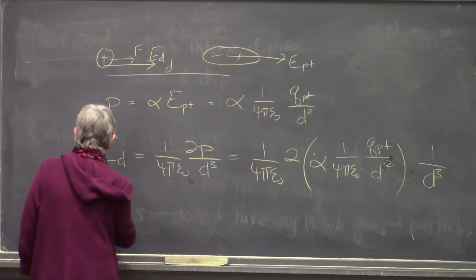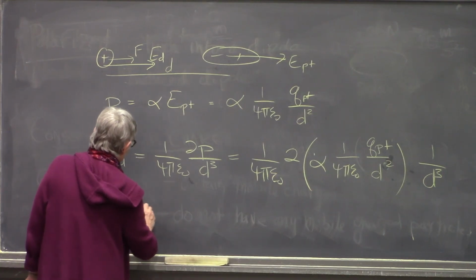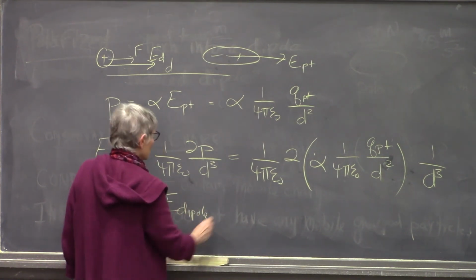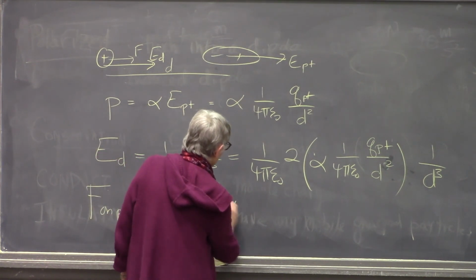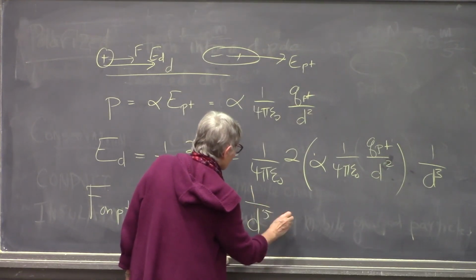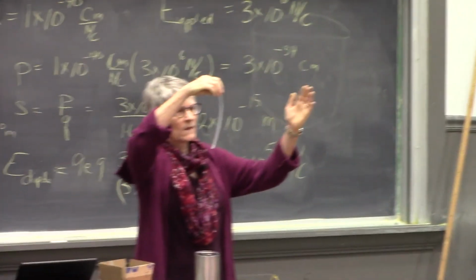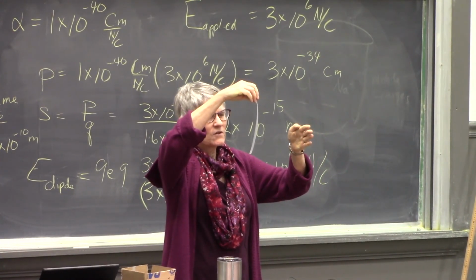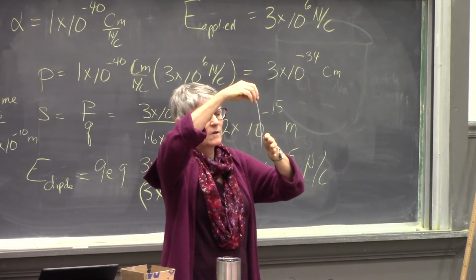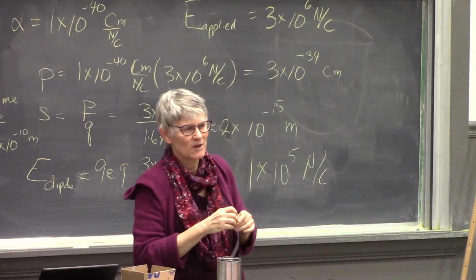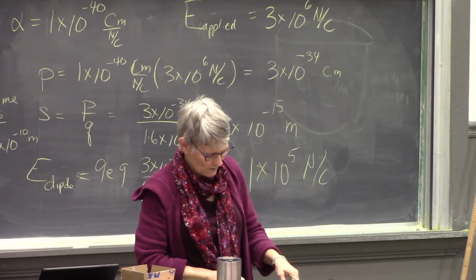So the force on the point charge, which is Q times E of the dipole, is now proportional to 1 over d to the 5th. And I think you may have seen this with your invisible tapes, because what we're getting is not much, not much, not much, bang. So it's a really strong distance dependence in this force.